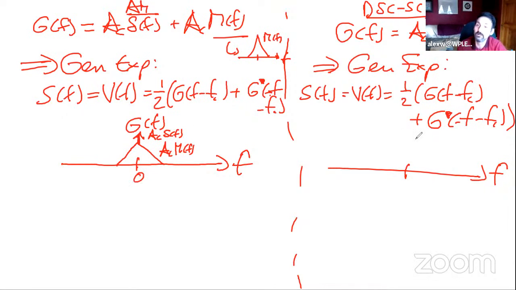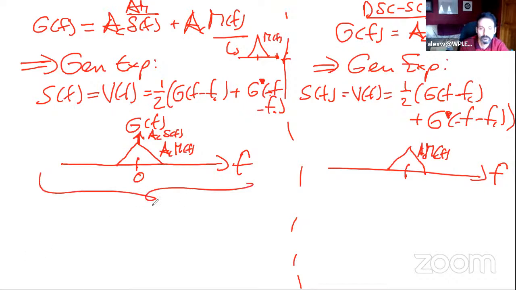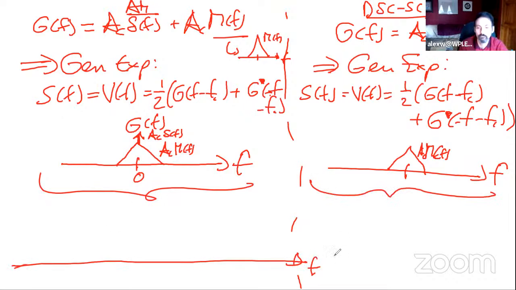Now, double sideband suppressed carrier. It only is this. No delta. Nope. So what happens is when I modulate these things, you get this.